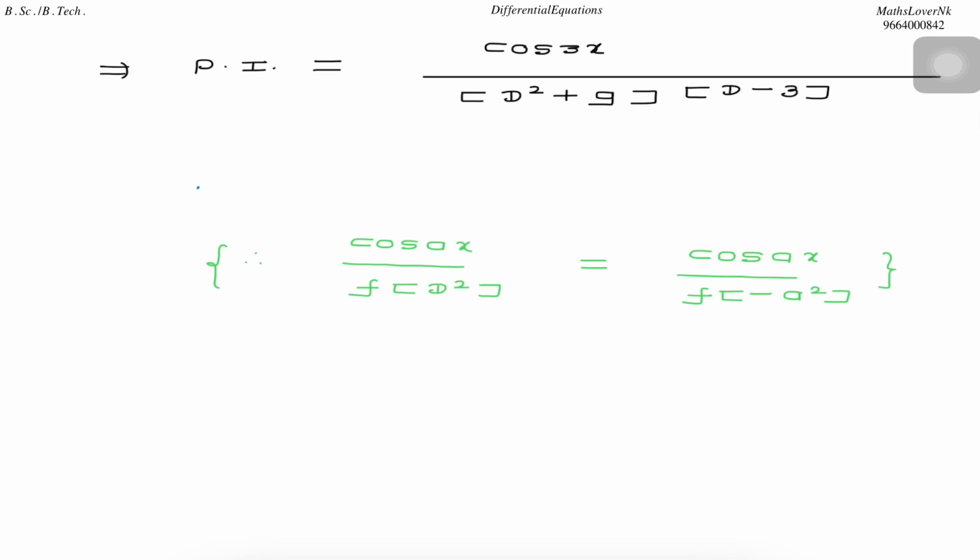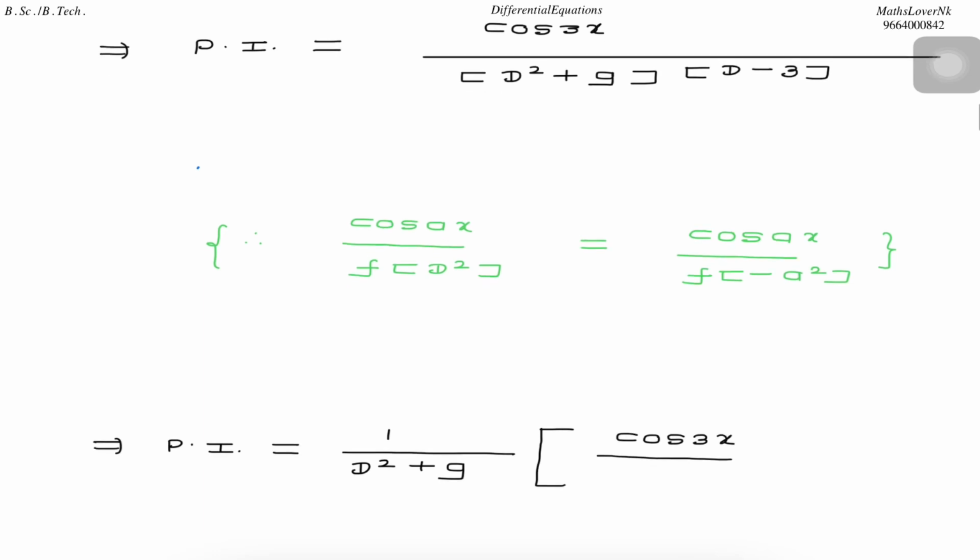So now we apply another method. PI is equal to 1 upon D square plus 9, taken outside because it becomes 0, and the other term inside, that is cos 3x upon D minus 3.